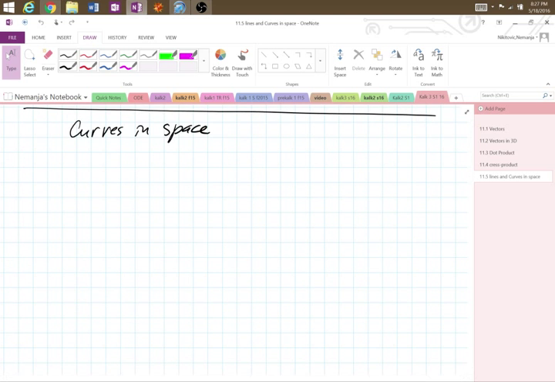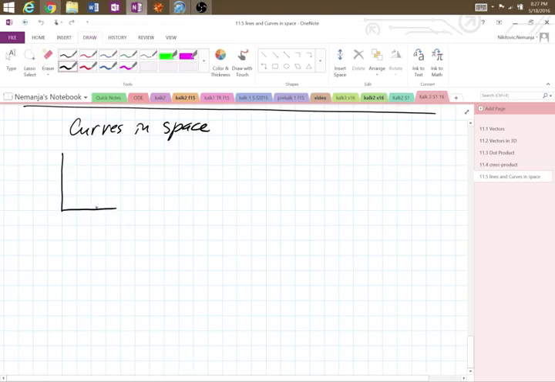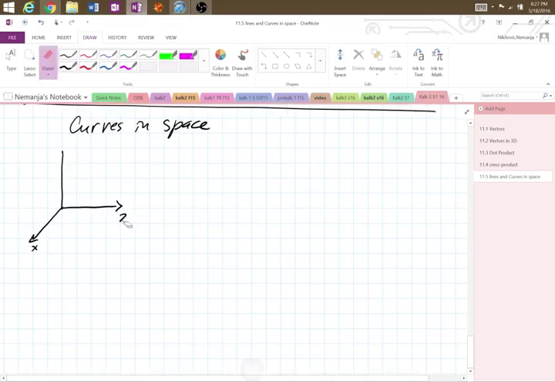Well, I'm going to draw the same picture as before. X, Y, and Z. I'm going to have some curve there. And we are going to, again, look at the vector r.